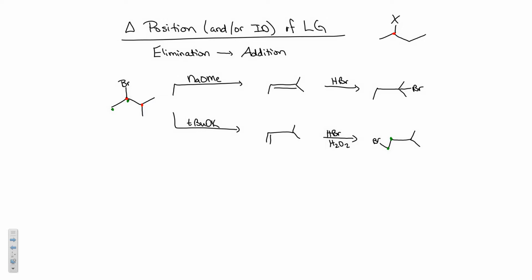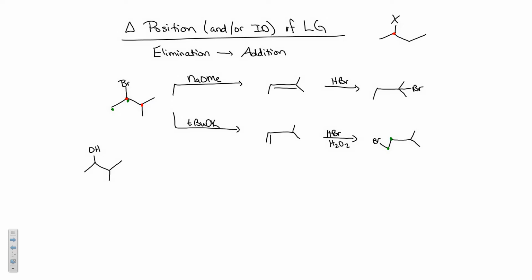What if I start with, instead of starting with bromine, I start with an OH, and I want to make this primary halide.